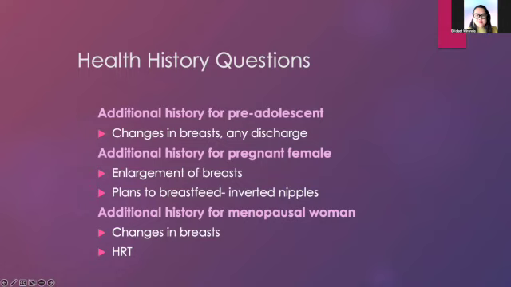If there are, I want to note if there are inverted nipples because they may need additional lactation support for the infant to be able to latch on to this type of breast. And then any changes in the breast overall, and if they're on HRT, which is hormone replacement treatment, which most menopausal women are, and could change the breast tissue.